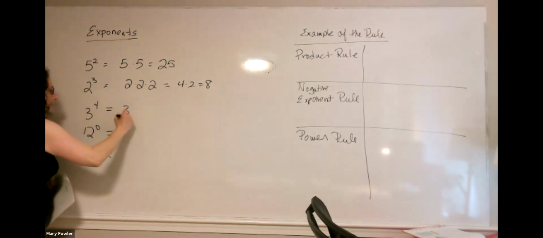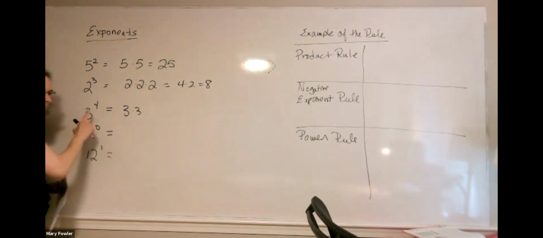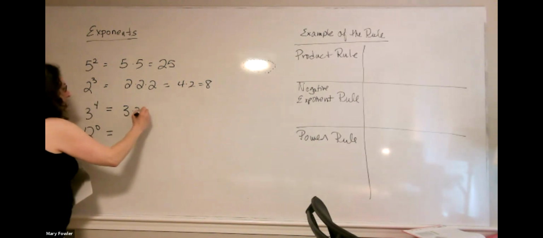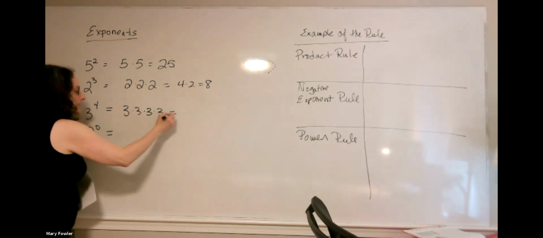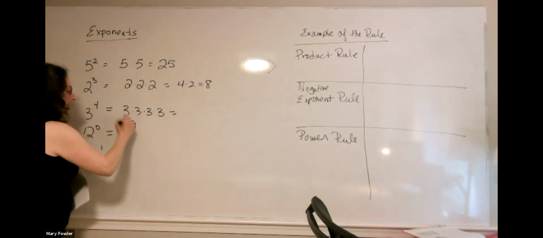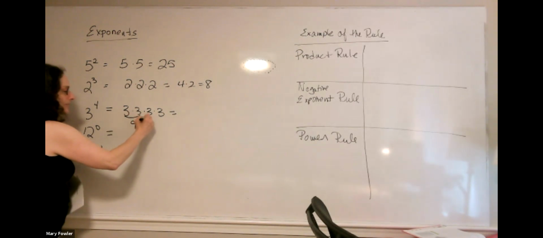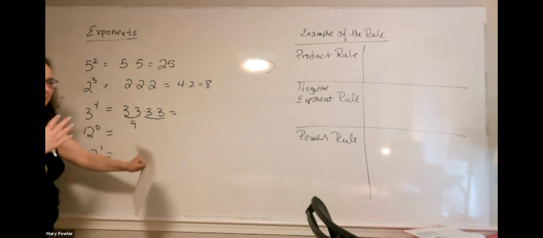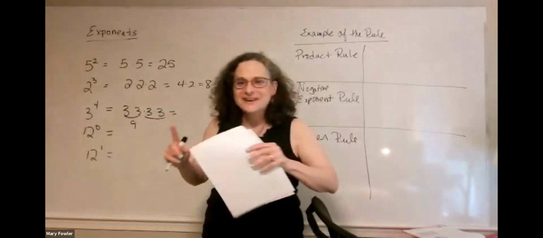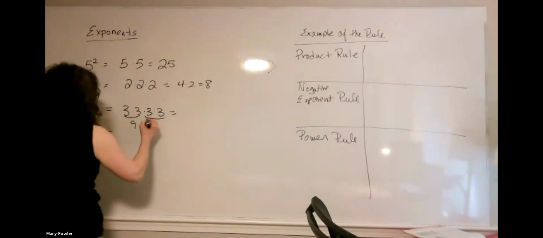Let's write out 3 raised to the power 4: 3 times 3 times 3 times 3. You can think about it any way you want. I'm going to rearrange this, because we have that property of multiplication where we're allowed to rearrange things and group them.